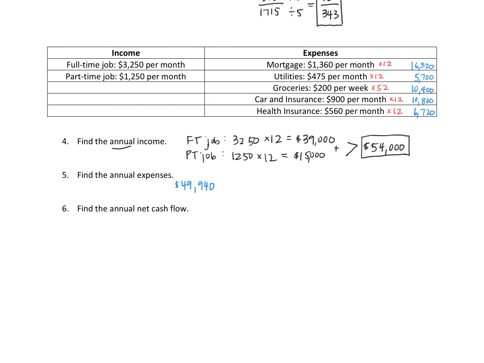And then number 6 is find the annual net cash flow. And so to find that, you're just going to subtract the $54,000, the annual income, minus the annual expenses. And you will get $4,060.